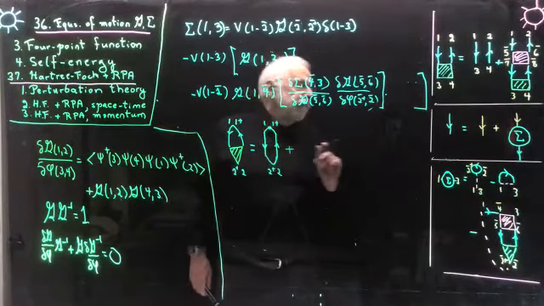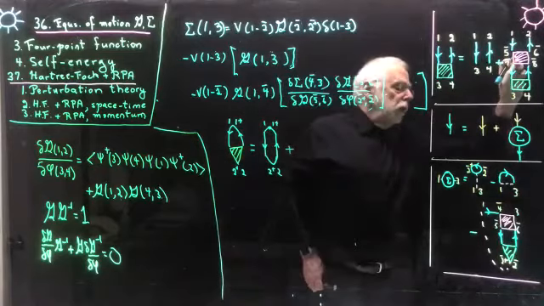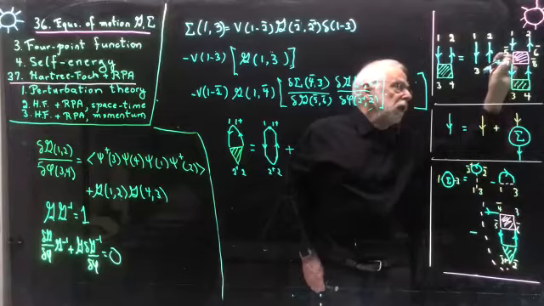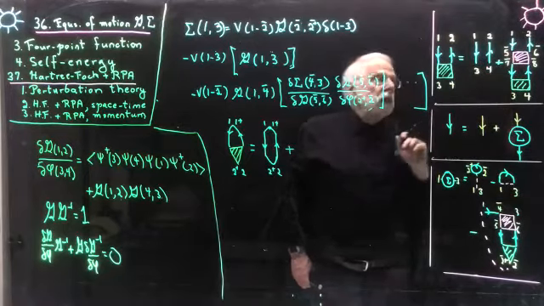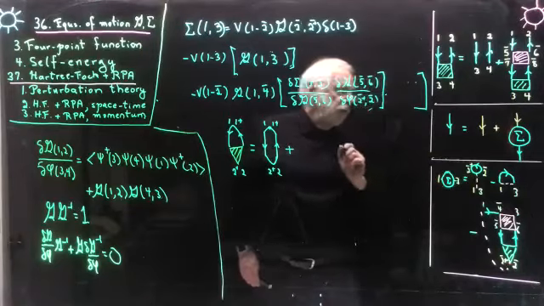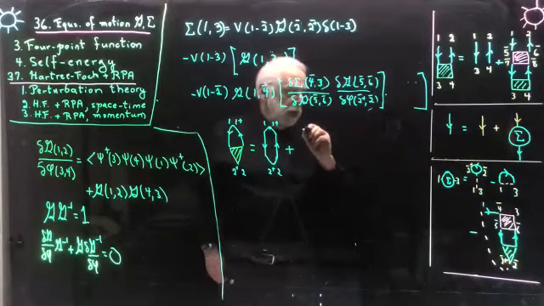Now here, what I will do is I will use the Hartree approximation for the self-energy to compute this. So there will be two contributions. The one that comes from here is just given by this.